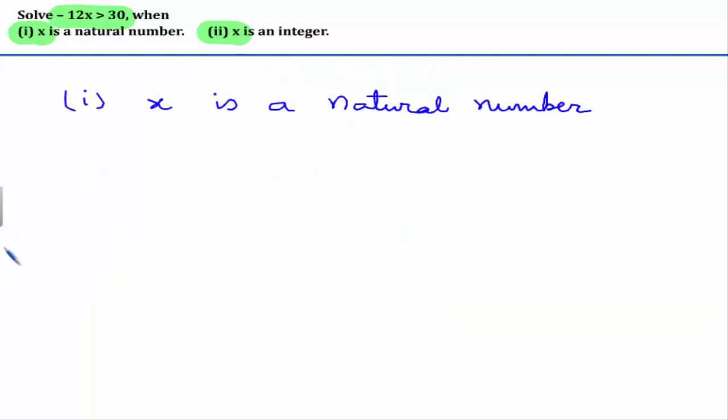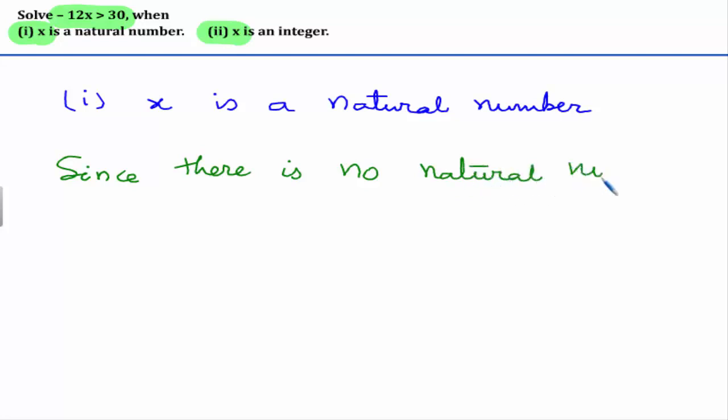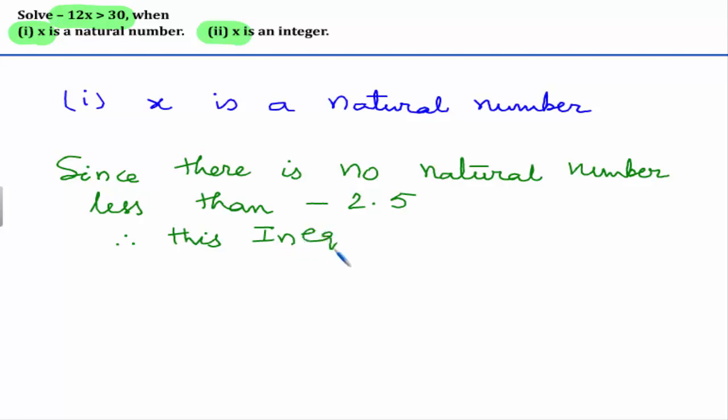But since there is no natural number less than -2.5, therefore this inequality has no solution.